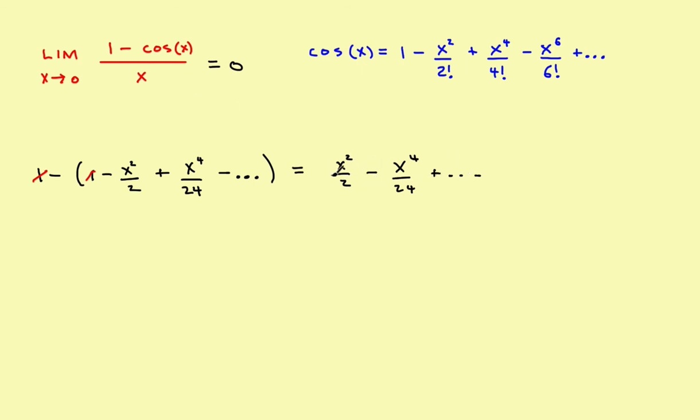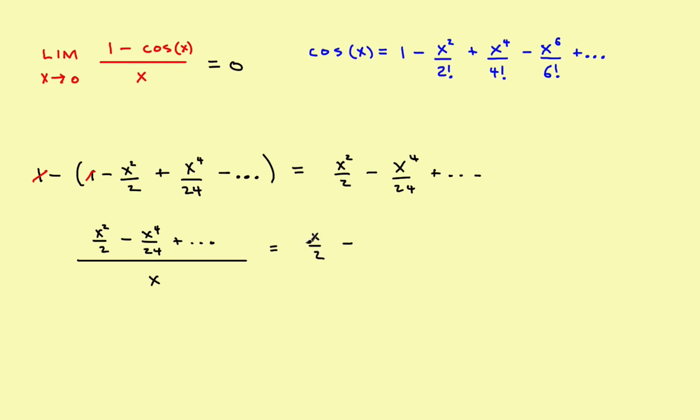So now what you want to do is take the numerator and divide it by x. So let's write this one down. I'll put a line across here. In the numerator, you've got x squared divided by 2 minus x to the 4th divided by 24 plus, and it goes on forever. And you're going to divide that by x. Well, when you divide, x squared divided by x would give you x divided by 2.